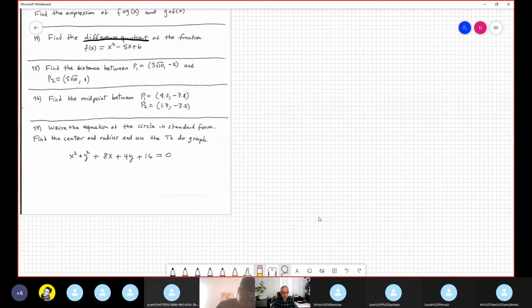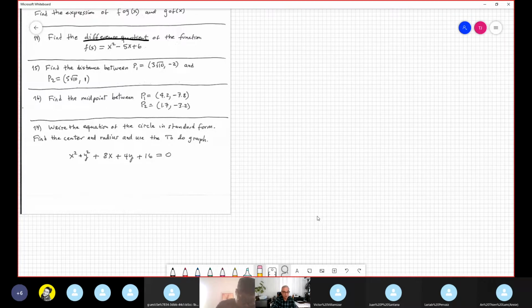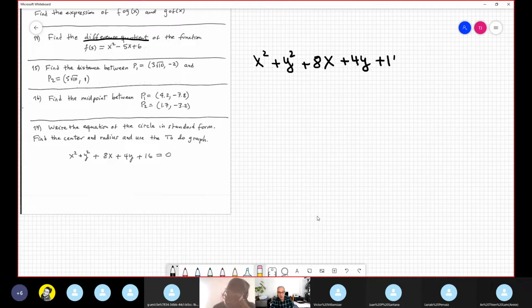I don't know. Okay. So in 17, say, write the equation of the circle in standard form. The equation of the circle is given. Let me rewrite again to see more clear. X squared plus y squared plus 8x plus 4y plus 16 equal to 0.